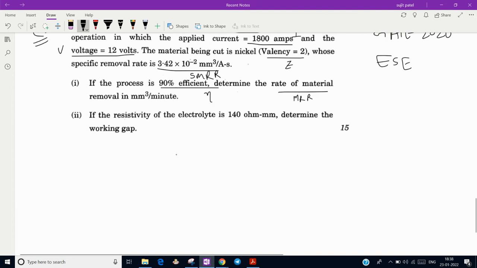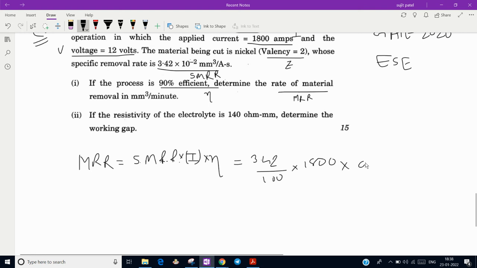So first of all solve this first part. So material removal rate is given by specific material removal rate multiply by current multiply by efficiency. So put all this data, 3.42 into 10 power minus 2 multiply by 1800 amps current and efficiency 90%.